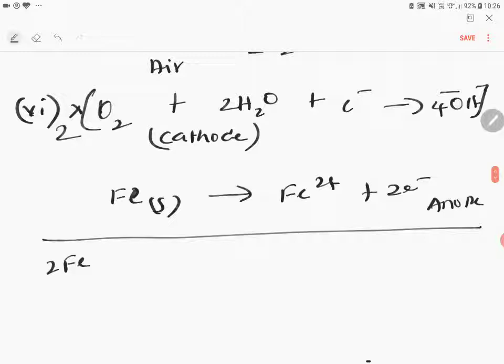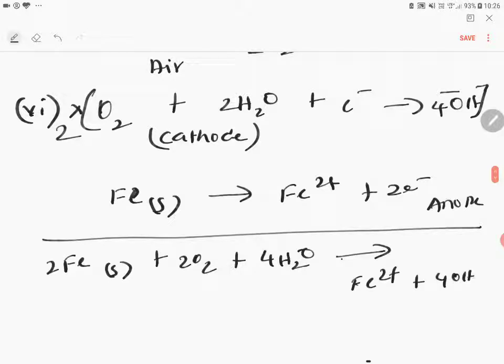Therefore you are getting 2Fe solid plus O2, Fe solid plus 2O2 plus 4H2O giving you Fe2 plus and 4OH minus.